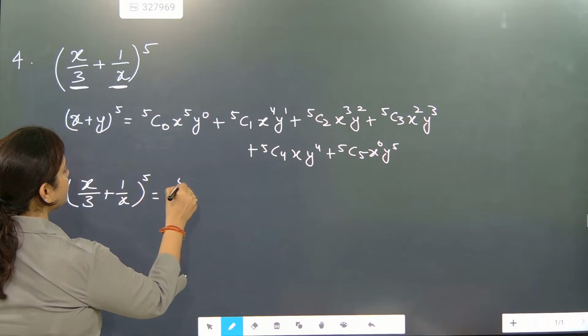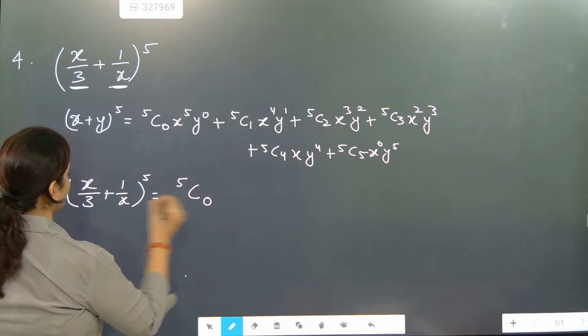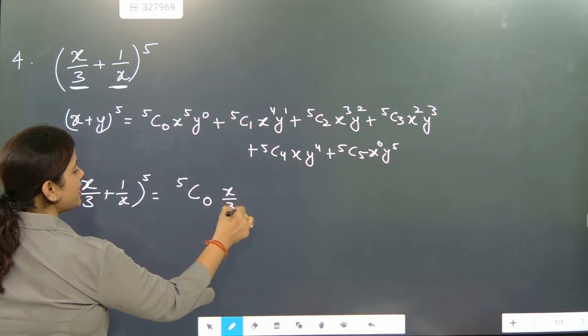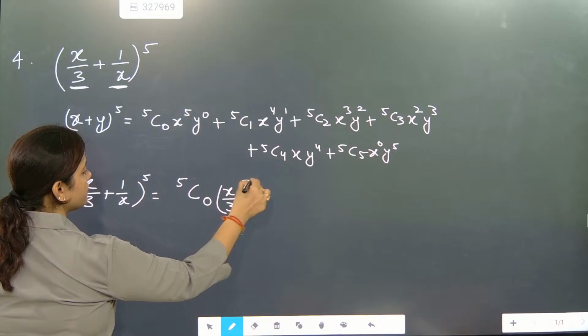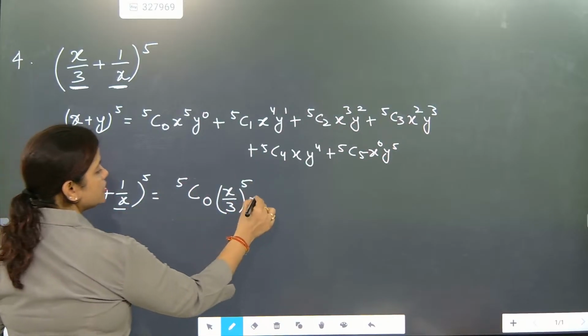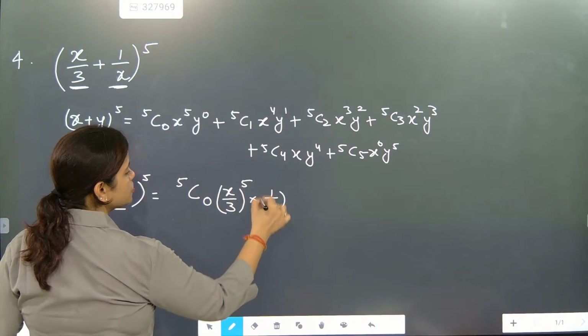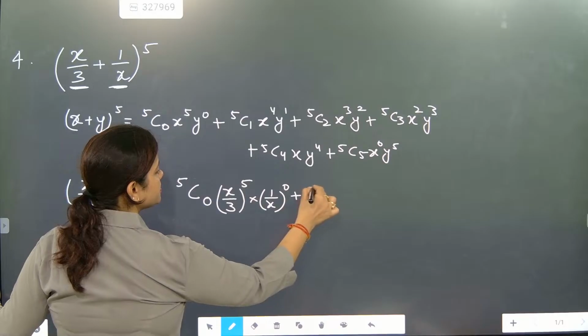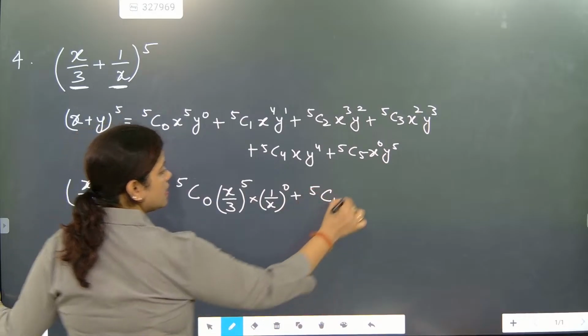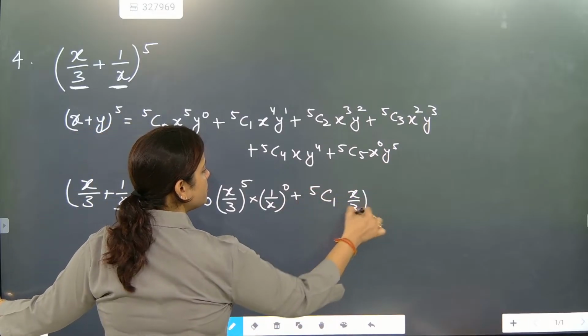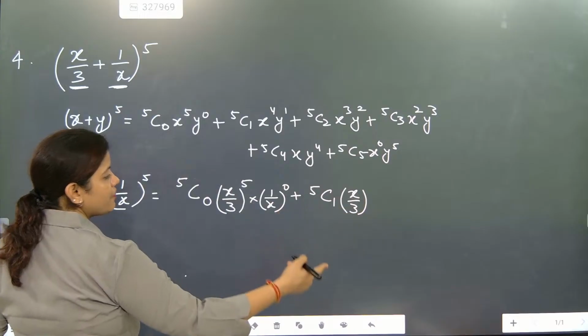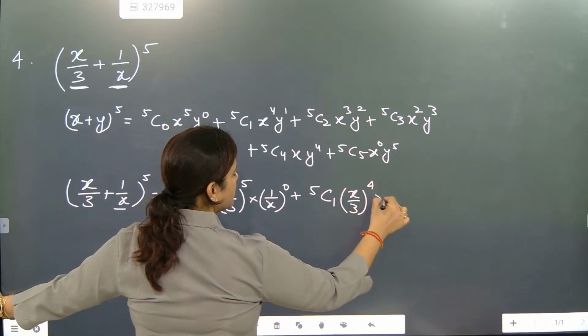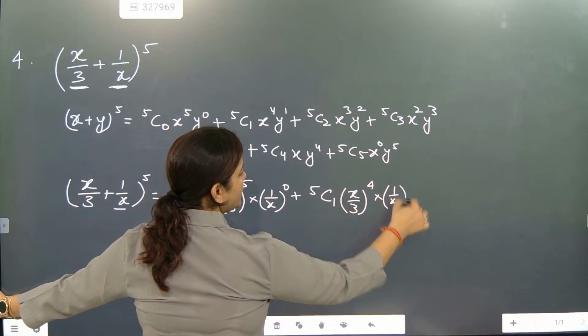So here it will become 5c0 x by 3 to the power 5. The second section is y, so it will become 1 by x to the power 0. Next 5c1, x by 3 to the power 4, into 1 by x.